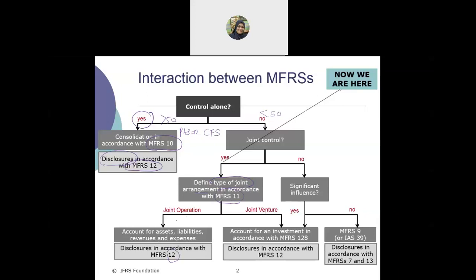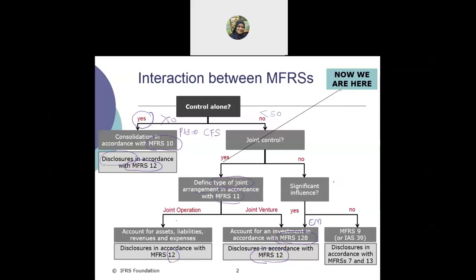Okay, and then if the joint arrangement is considered a joint venture, we're going to account for the investment in accordance with MFRS 128, which uses the equity method. And also provide disclosures like the ones suggested in MFRS 12. Okay, and then if the company does not have joint control, does not have a joint arrangement, then we consider whether they have significant influence.